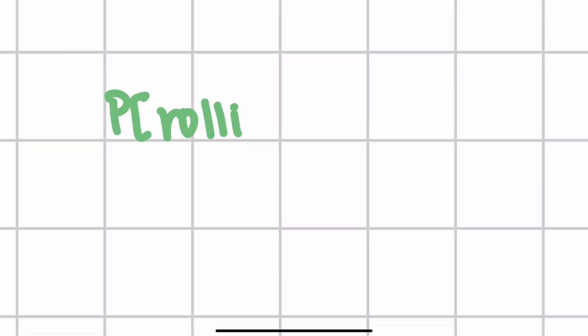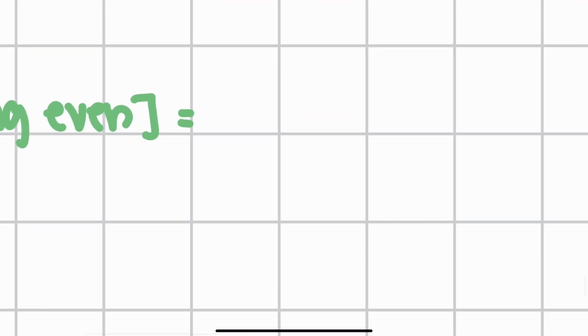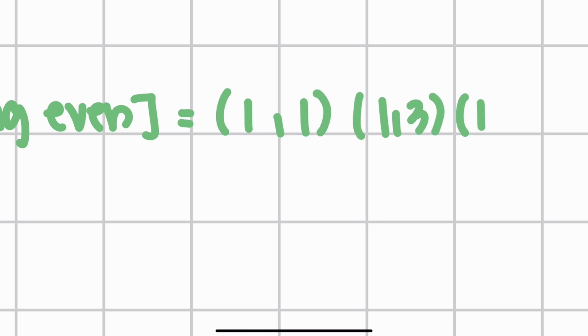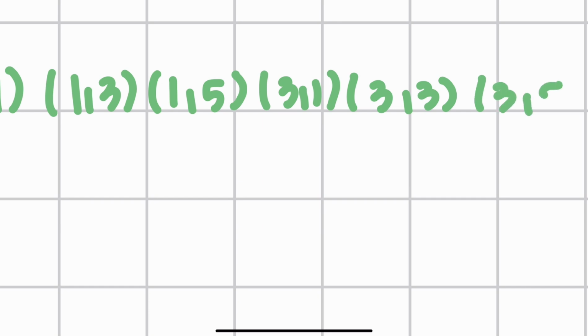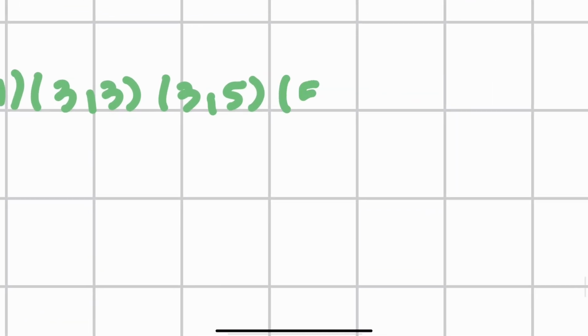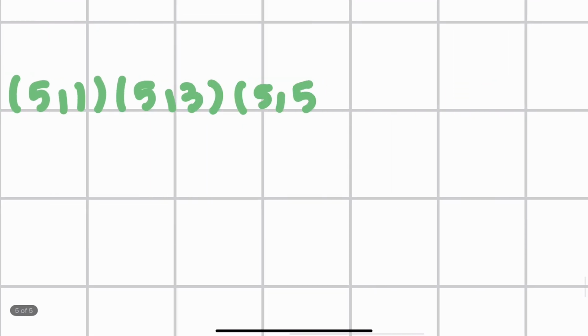So now let's look at the probability of rolling an even number with 2 6-sided die. To roll an even sum, you have to do either an odd number and an odd number, or an even number and an even number. So the possible outcomes are 1, 1, 1, 3, 1, 5, 3, 1, 3, 3, 3, 5, 5, 1, 5, 3, and 5, 5.